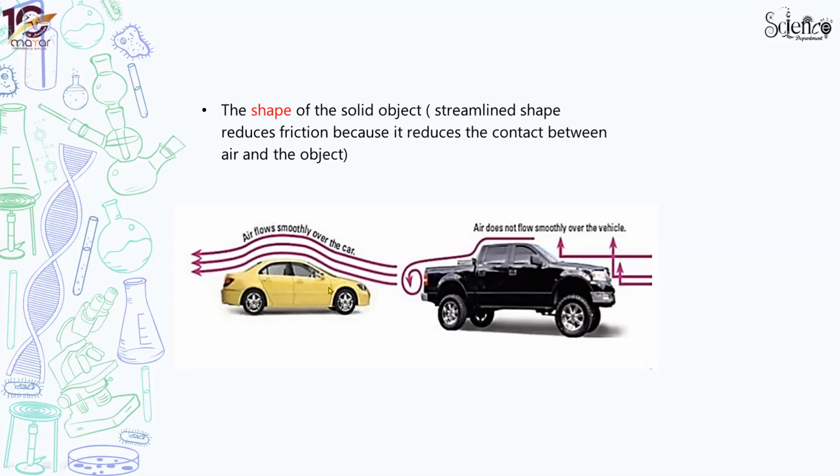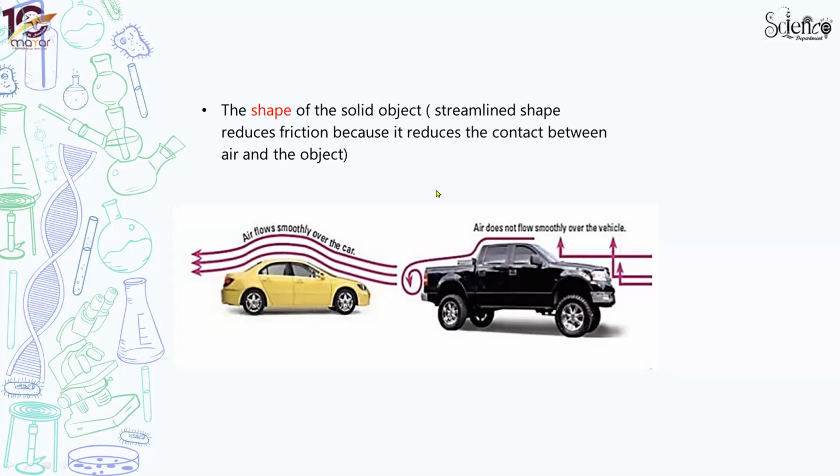So again, let's look at these two shapes. One is streamlined, the other one is not very streamlined. Because it's a streamlined shape, as air is moving above this area, the motion of the air is going to be easier. Since it's easier, less air is going to be in contact with this object at the same time, which decreases air resistance, okay?